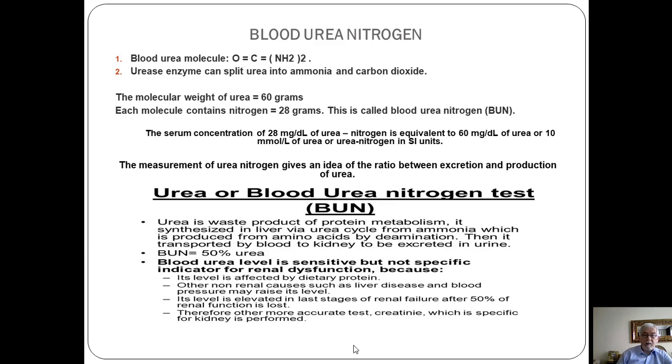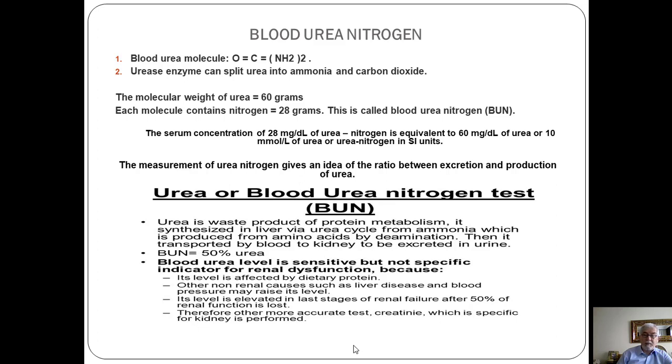Its level is elevated in the last stage of renal failure, after 50% of renal function is lost. This is an important sign for the physician because we have to check the urea or BUN concentration. When its level increases, we understand that renal failure is present after 50% of renal function is lost. Therefore, another more accurate test, creatinine, which is specific for kidney, is performed.